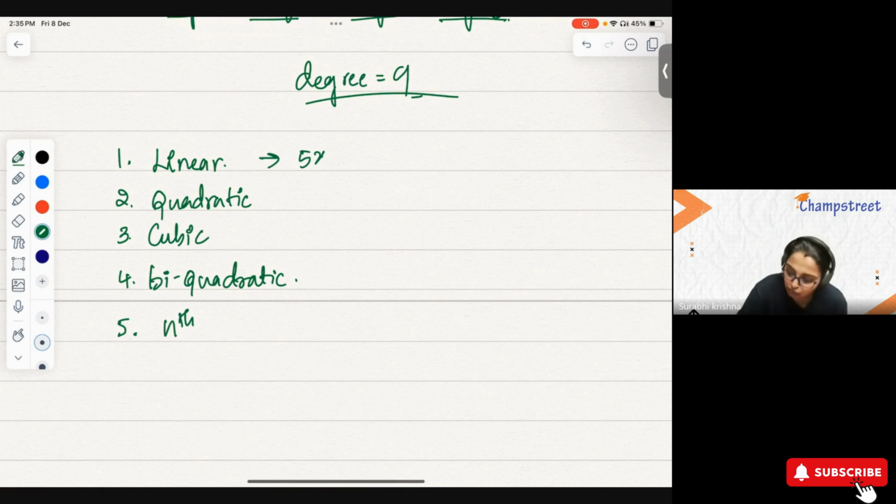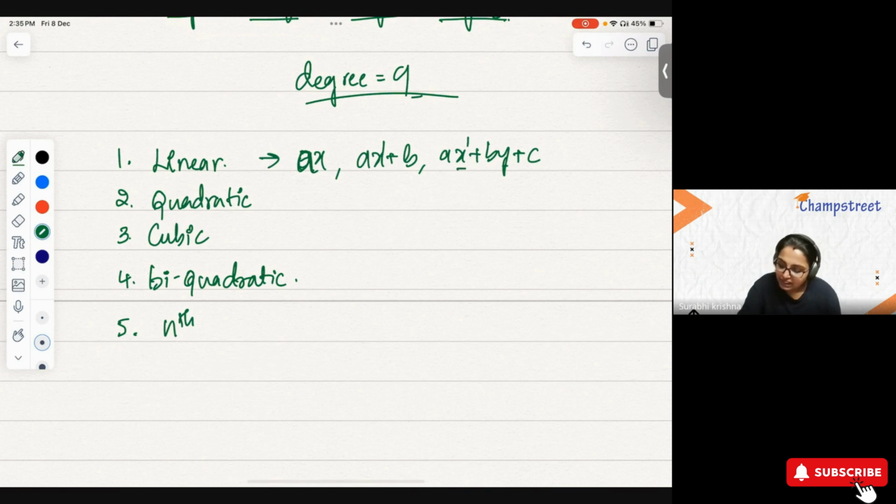I will give you multiple examples. In general, I can write it as ax plus b, right? Here the number of terms is not a problem, only the degree. So here the highest power will be 1. I can take the next one as ax plus by plus c, correct? In this, we have two variables, but the powers are 1, right?